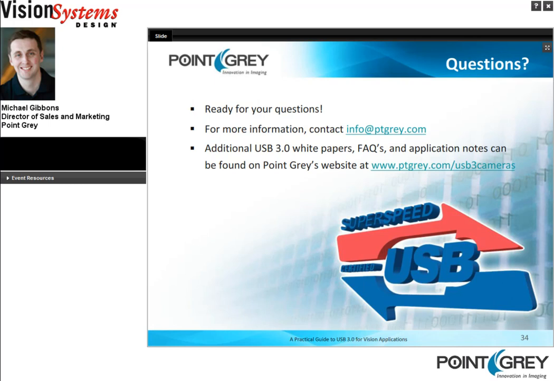The USB-IF spec allows for a power draw of up to 900 milliamps. With the battery charging spec, you can draw up to 1.5 amps at 5 volts. That is 7.5 watts.